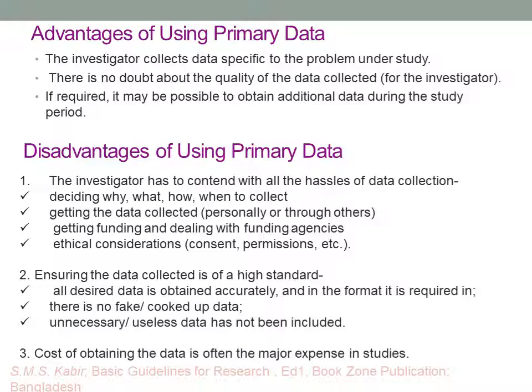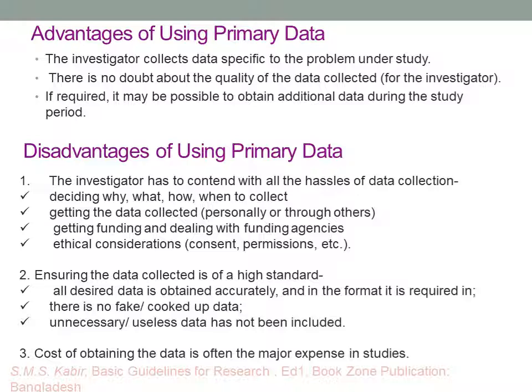The data that you collect will always be the best quality for you. And also, if required, it may be possible to obtain additional data during your study period in order to prove your hypothesis. So these are the basic advantages of primary data usage.